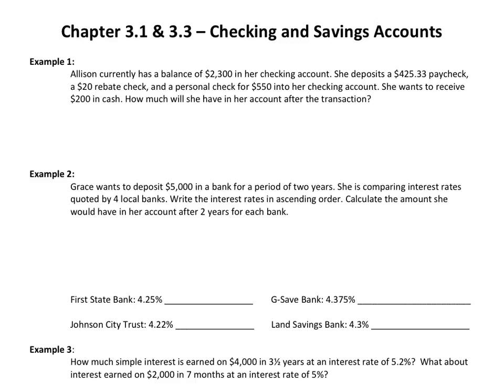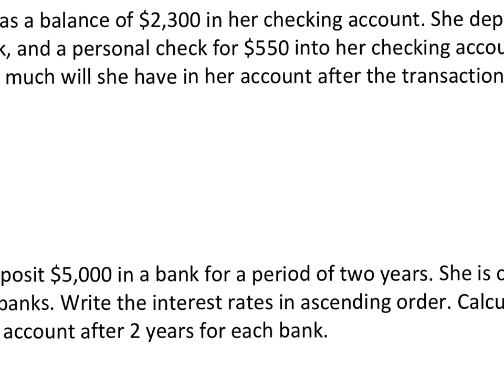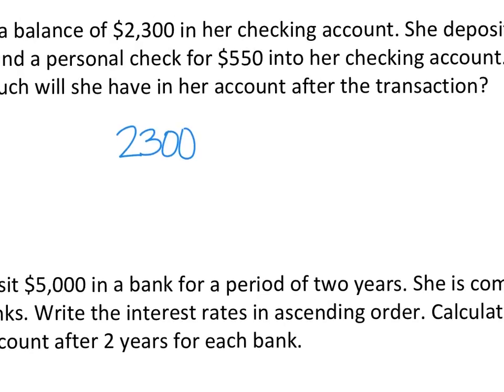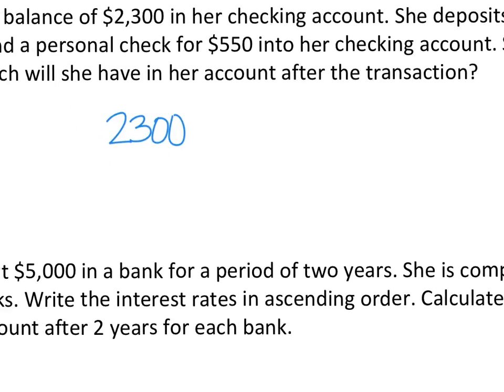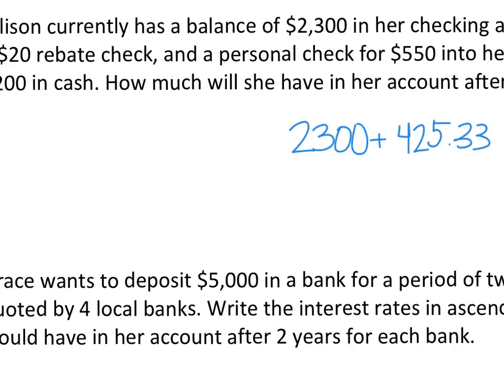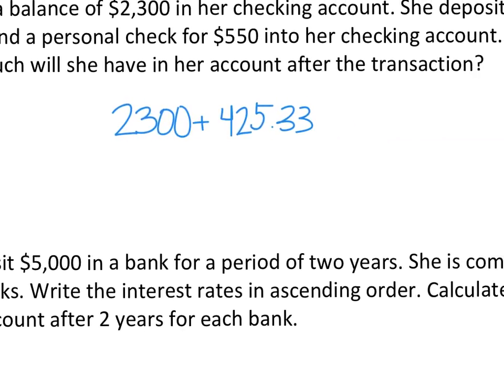People go to the bank, and you start out with $2,300. And you make a deposit. This is pretty much the order it goes, and you make a deposit for $425.33. So that's going to add to it, and then you have a rebate check for $20, and you have a personal check that you received for $550.